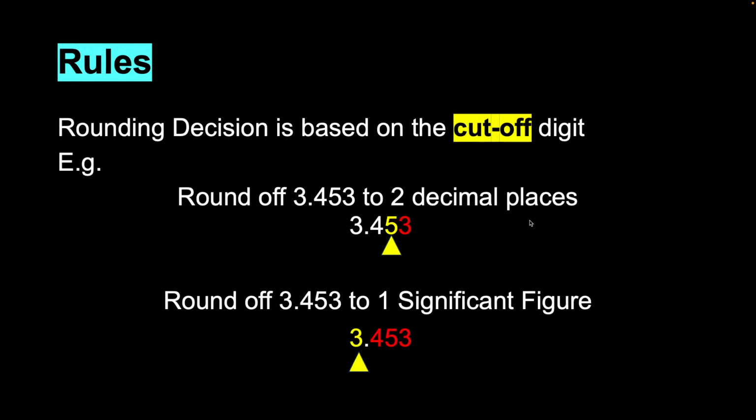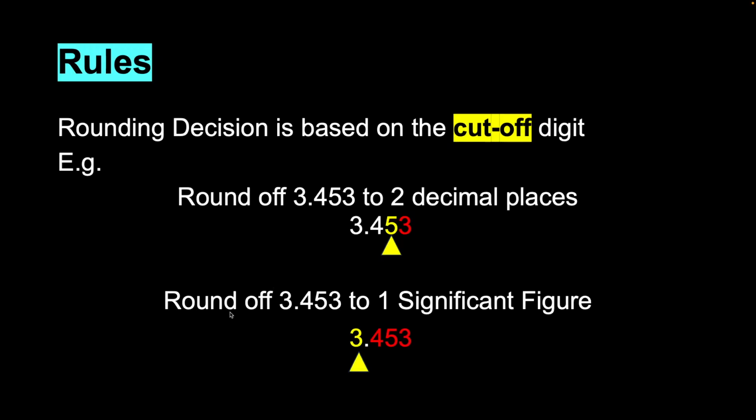Two decimal places means that after rounding off, there should be only 2 digits after the decimal. So here the last digit kept, that is 5, would be the cutoff digit, and after 5 there is 3, which is going to be eliminated. The decision to eliminate or to manipulate the cutoff digit will be based on the cutoff digit and the digit that is after it.